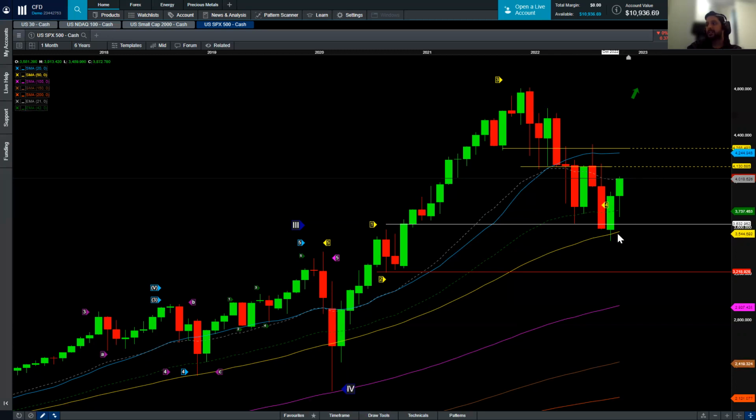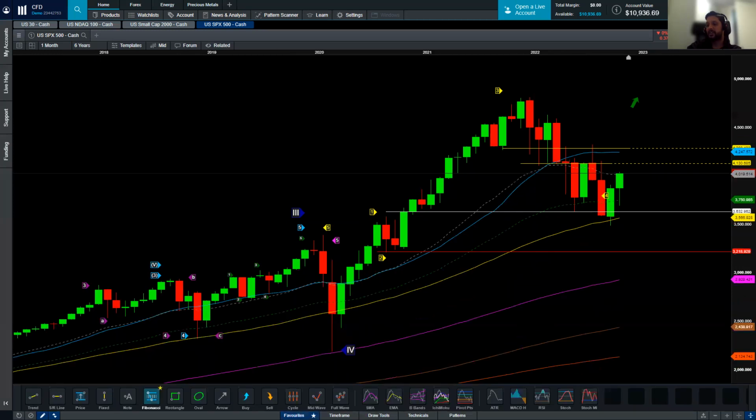So if we get back up there again and then come back down, but didn't take out this pivot, let's say this is a very hypothetical scenario. So what do you think? This is a good buying opportunity, I would say, just because, again, sellers didn't have enough momentum to take out this pivot.